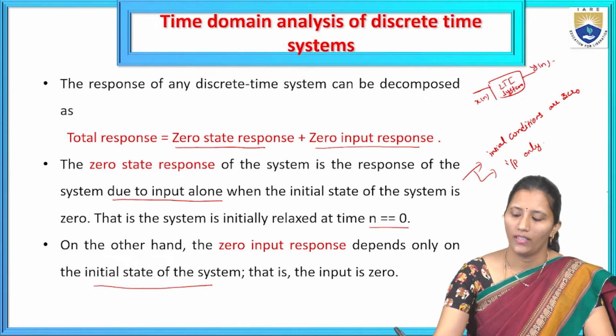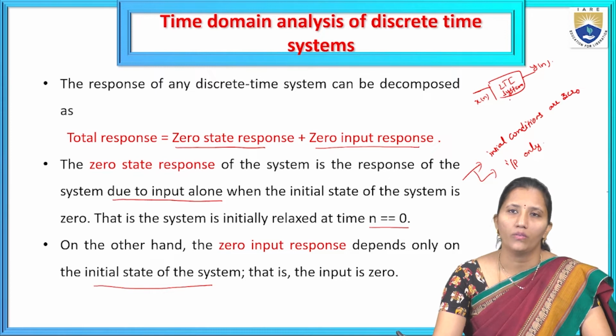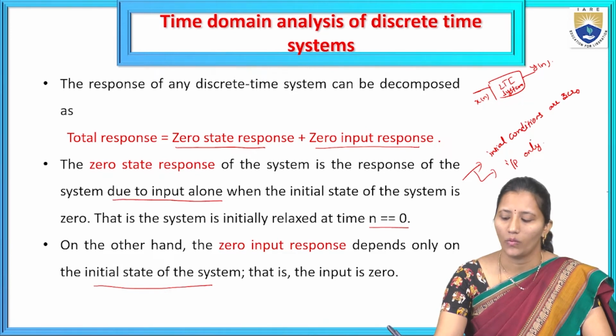This system has two responses, zero state response and zero input response. In the zero state response, the initial conditions are 0. We have to assume the initial conditions of the system are 0 and it depends only on the input. When we are giving the input, what is the response? We have to find that out. That response is the zero state response.